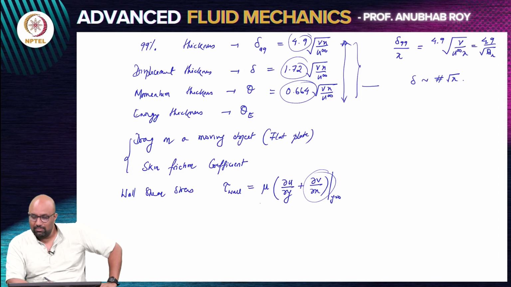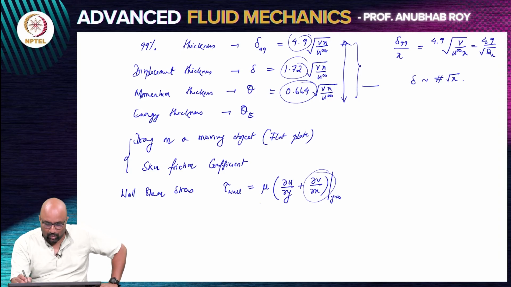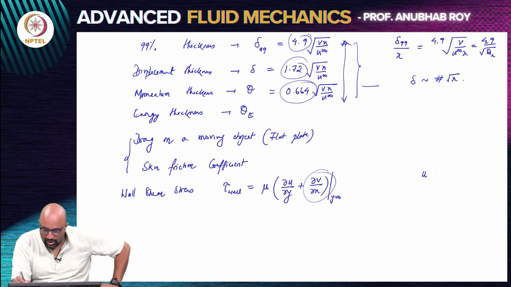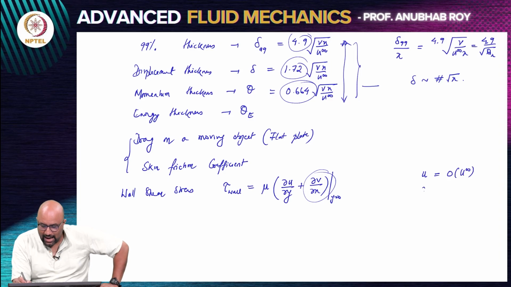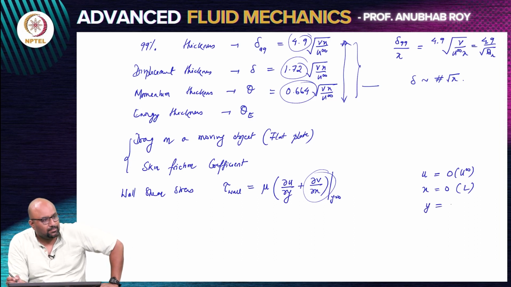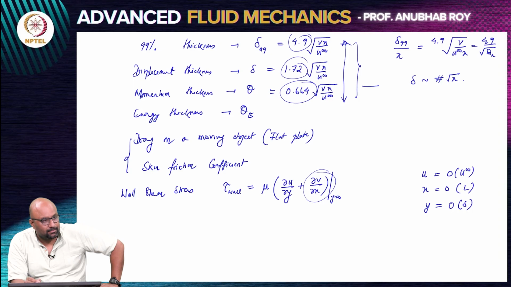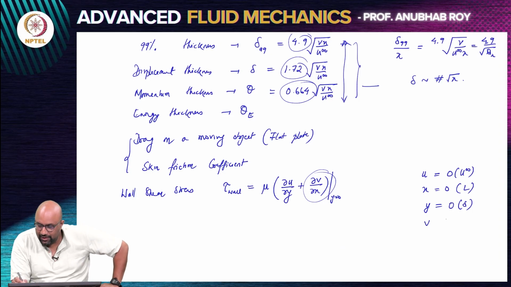Now, you can think from the approach of boundary layer. Approach of boundary layer tells us that if u is order u infinity and x is order L, then what is the scale for y? It would be delta. And what would be the scale for v?